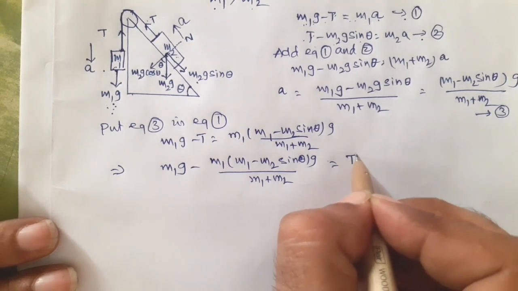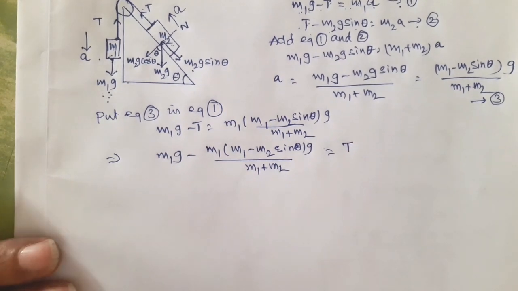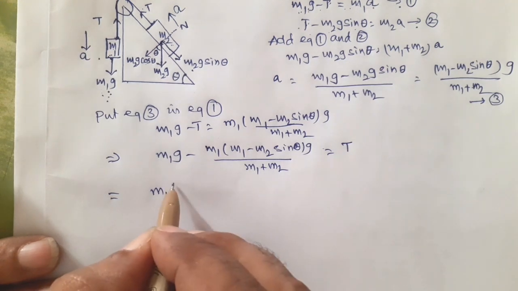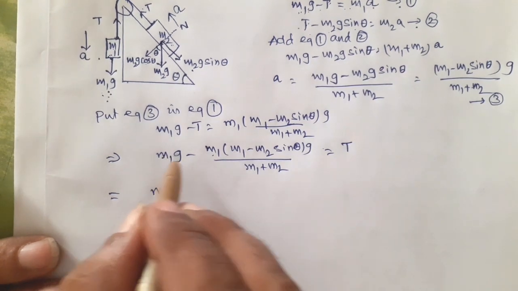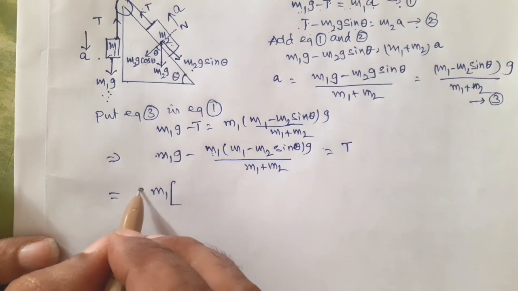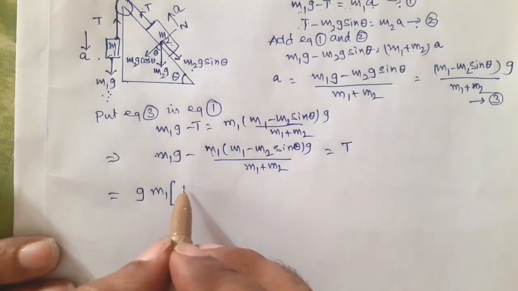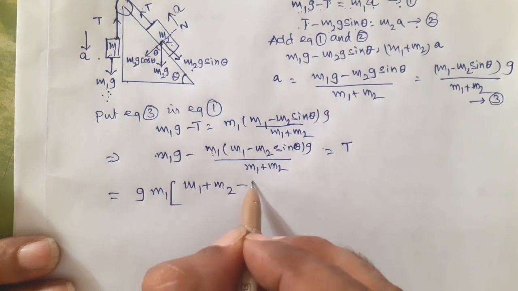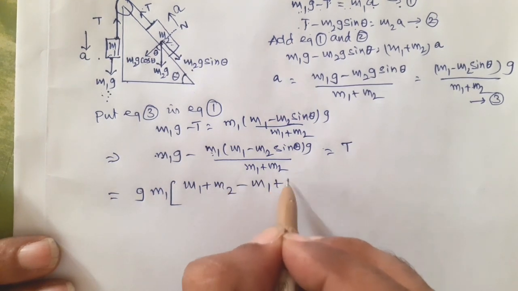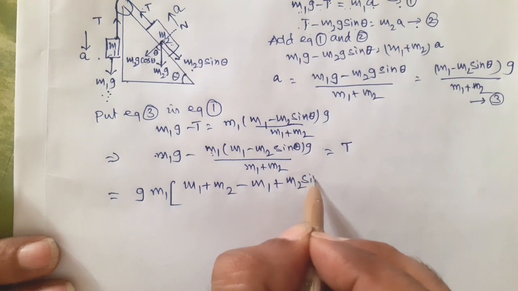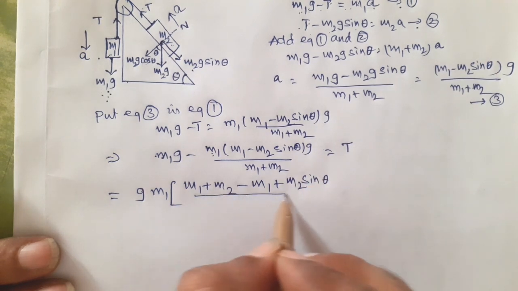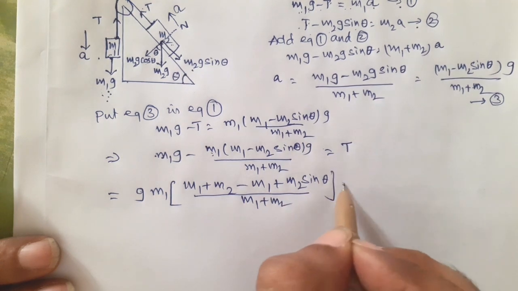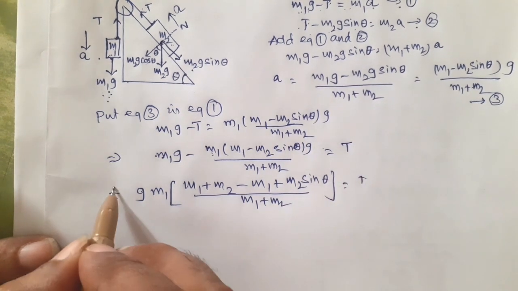This is equal to T. Simplify this equation: I am taking m1 as common and g is also common, and the remaining expression is m1 plus m2 minus m1 plus m2 sin theta by m1 plus m2, is equal to T.